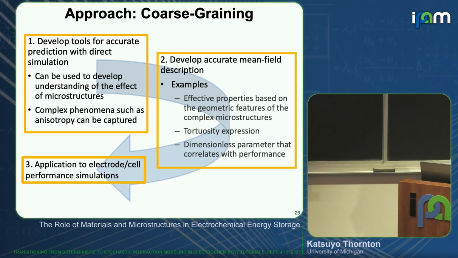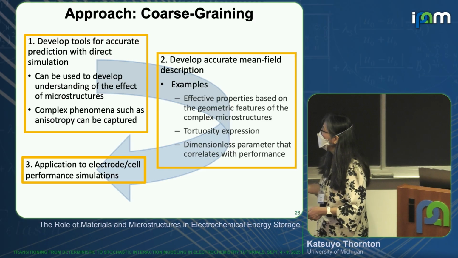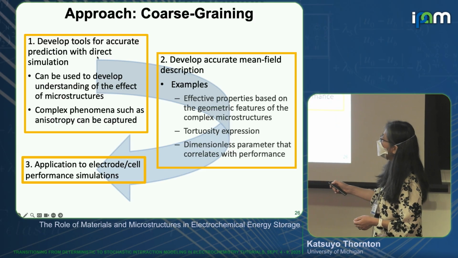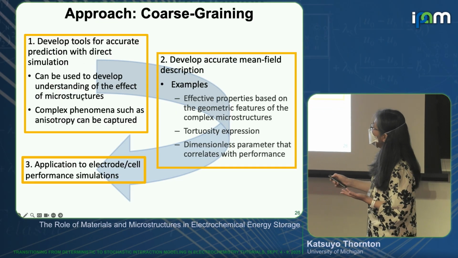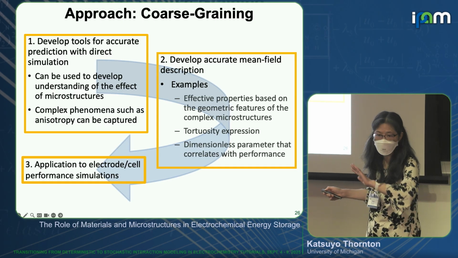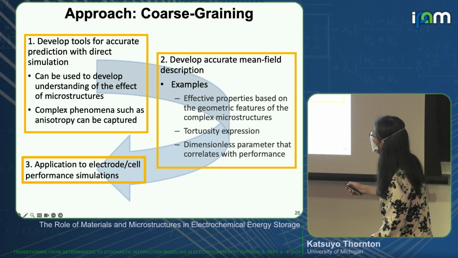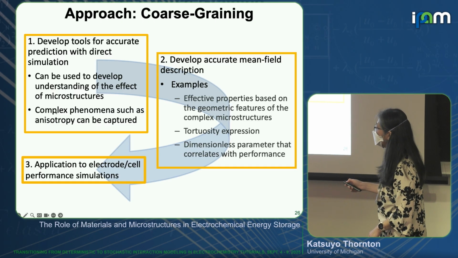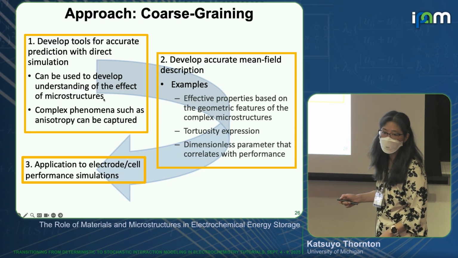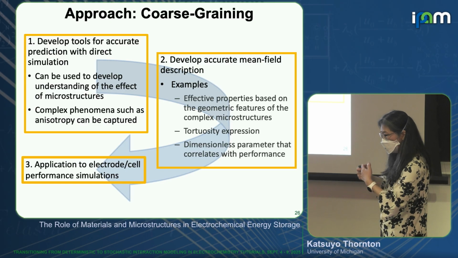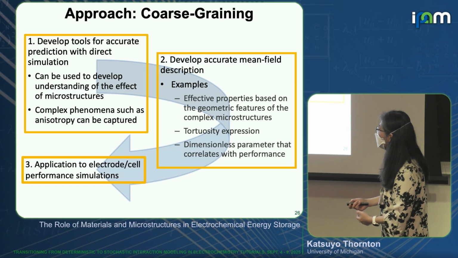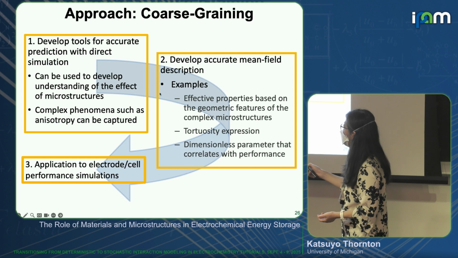So the approach we've been taking is to develop tools to accurately predict the behavior using direct simulation. Those are the ones I just showed you. And you can develop understanding using the simulation results, like what I was explaining, why interparticle phase separation happens.